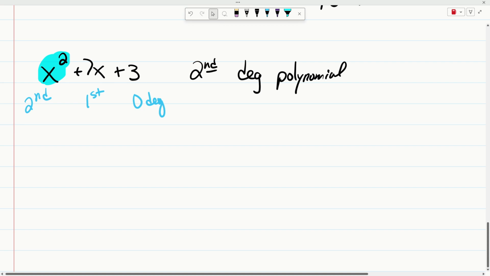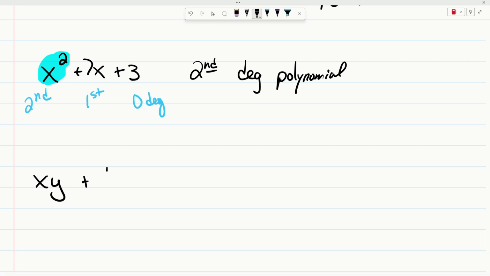Likewise, if you had something like xy plus 1/2 x to the 5th y to the 8th minus pi x to the 10th, this would be, well, let's go from left to right. 2nd degree term. 8 plus 5 is 13, so that's a 13th degree term.